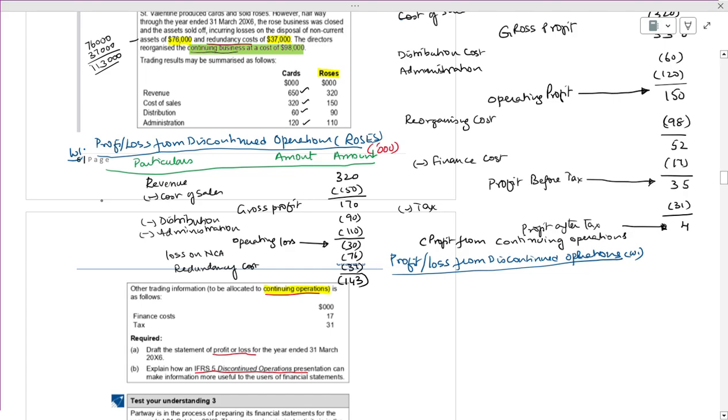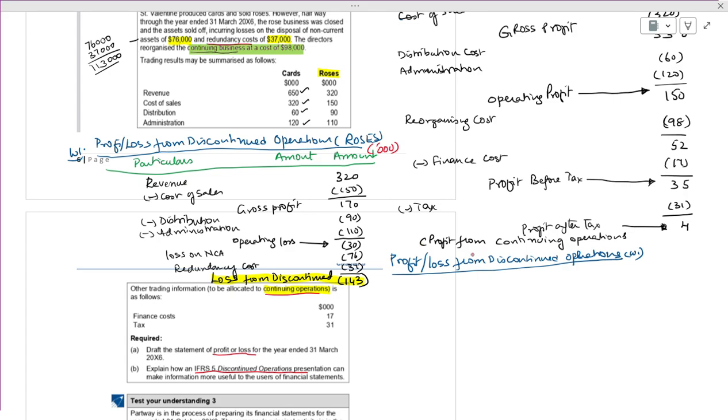This is a loss from discontinued operations. How much is the loss? 143. Is it right? This we have to show here. How we have to show?